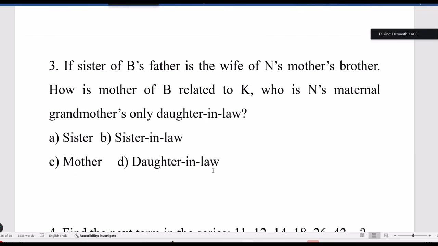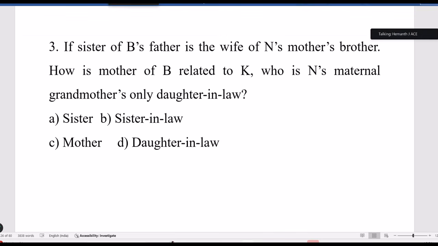See the next one. Again, a blood relation question. Sister of B's father is the wife of N's mother's brother.